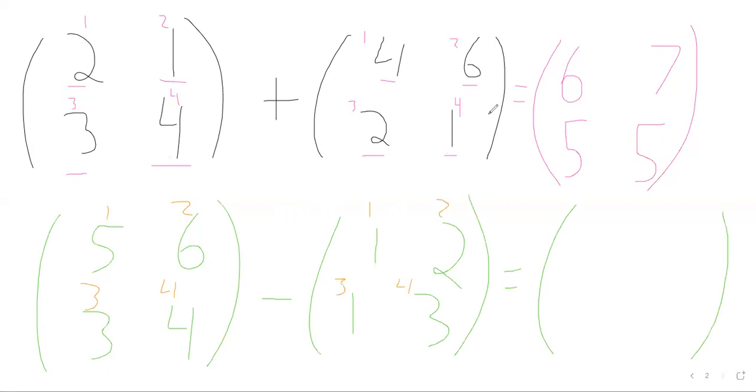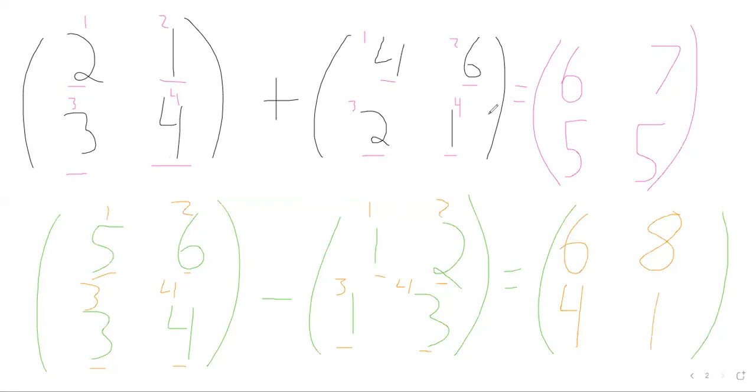If we add the 1's together, we have 5 and a 1, so that'll be 6. For the 2's, 6 and a 2, 8. For the 3's, we have a 3 and a 1, which is 4. And the 4 and 3, which is 7.